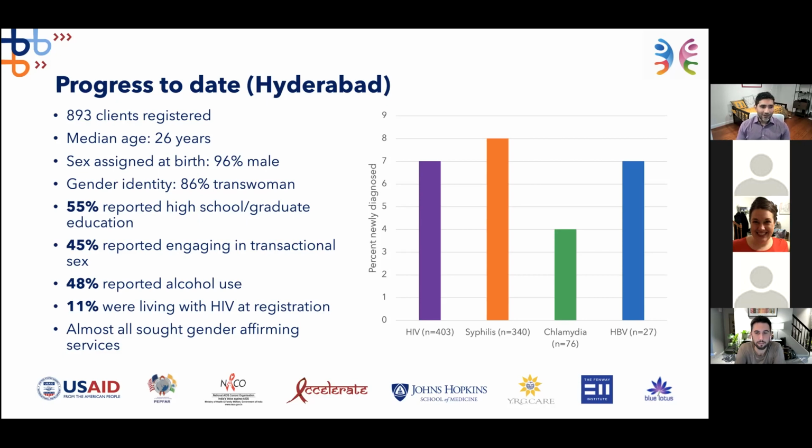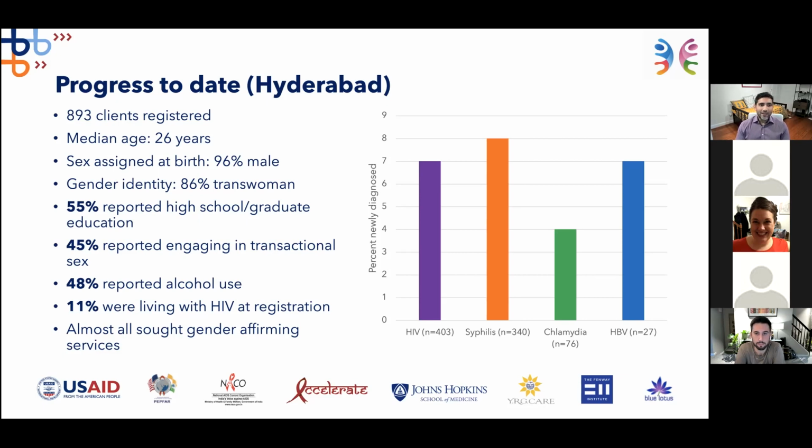And as you can see, alcohol use is also pretty common in this population, and almost 3/4 of the people who reported alcohol use satisfied criteria for severe alcohol use based on the Audit C. About 11% of the clients who walked into the clinic were already living with HIV when they walked in.